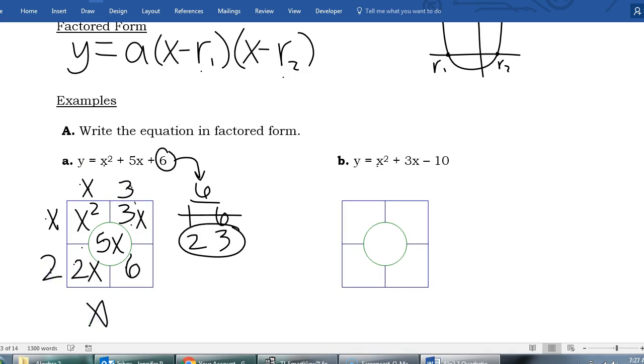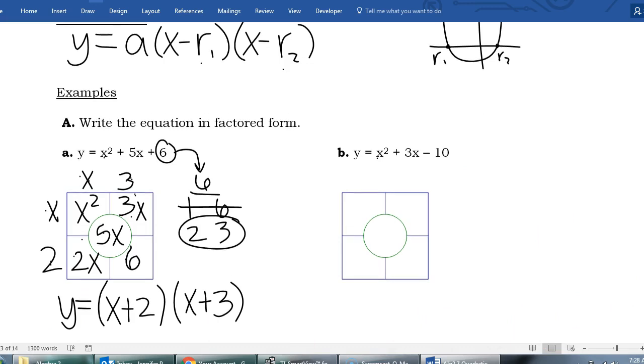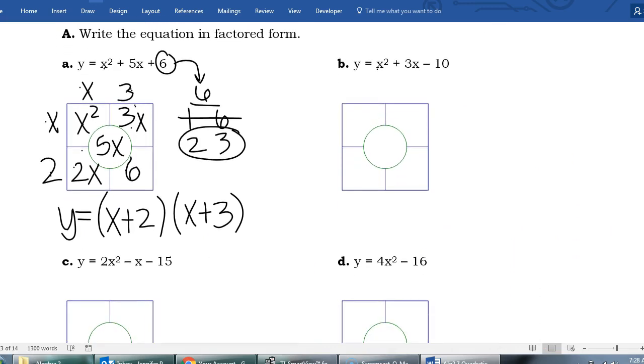So x plus 2 was my set on the side, and then x plus 3 is my set on the top, stick a y equals in front, and that is my finished factored form from the original given general form.